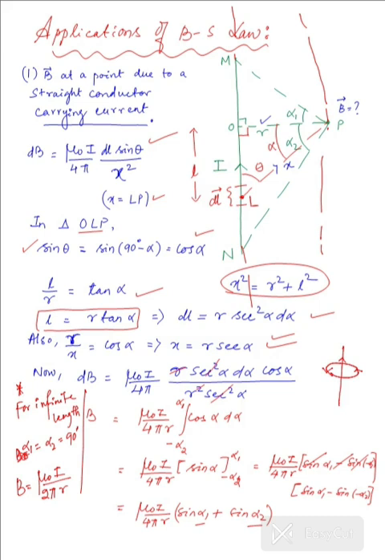So it's spiraling around that straight conductor. So it's easier if we align the thumb of our right hand along the direction of the current, then the curling of the fingers would give us the direction of the magnetic field.